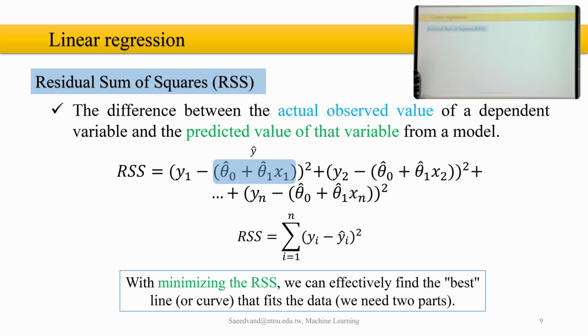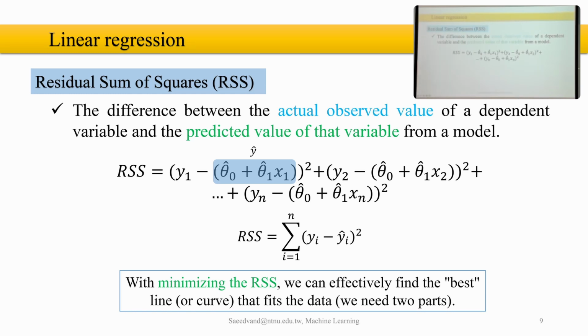Now, if we know the residual and what it means, we can define the RSS, the residual sum of squares. As its name indicates, it's the sum of squares of the residuals that we calculated, showing the differences between the actual observed value and the predicted value of the variable for the model.